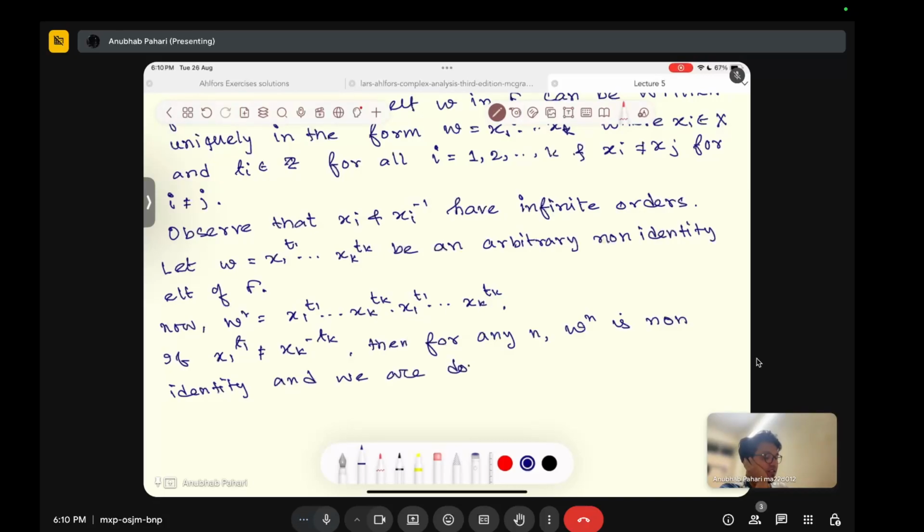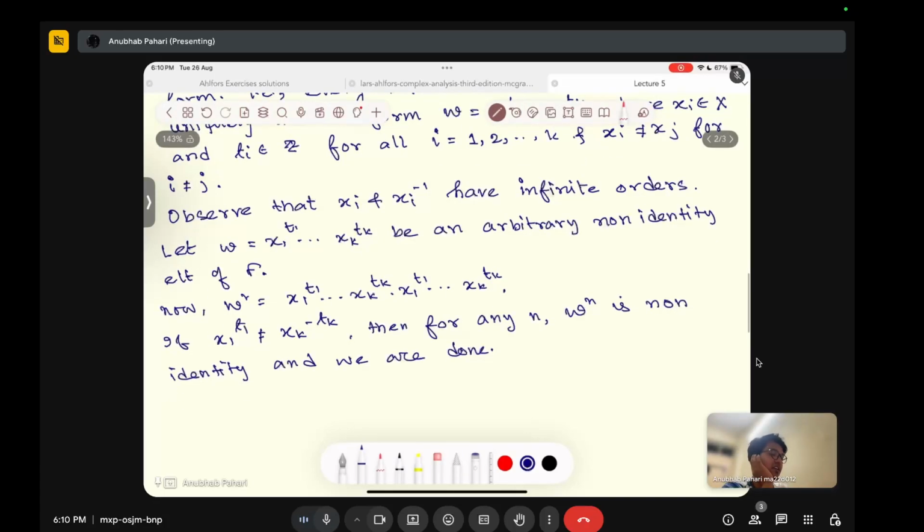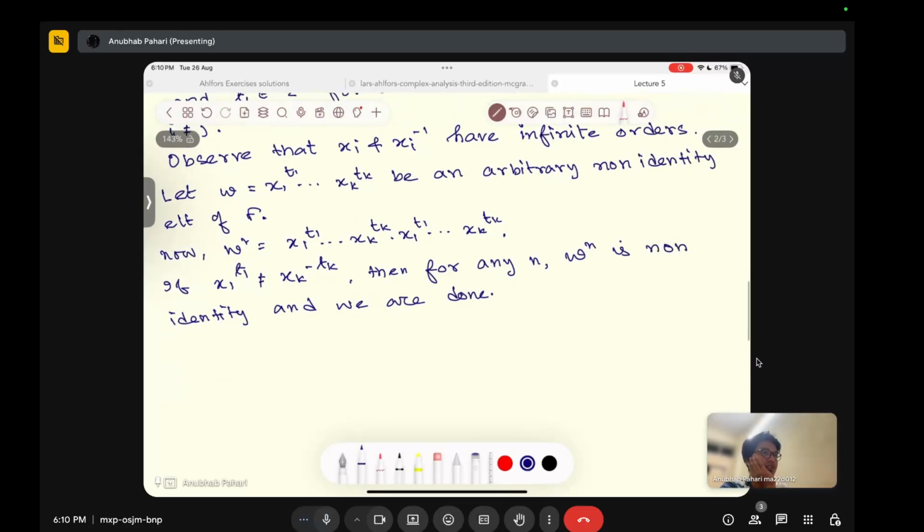Since n was arbitrary, any element has infinite order.